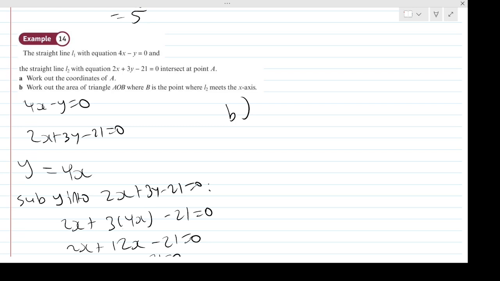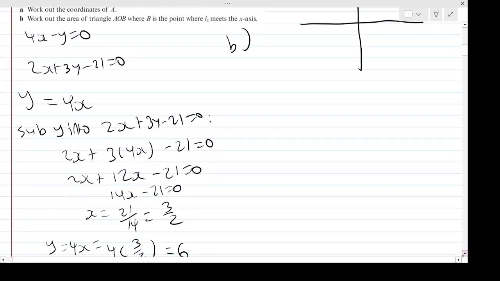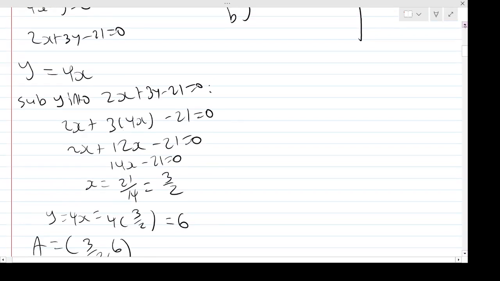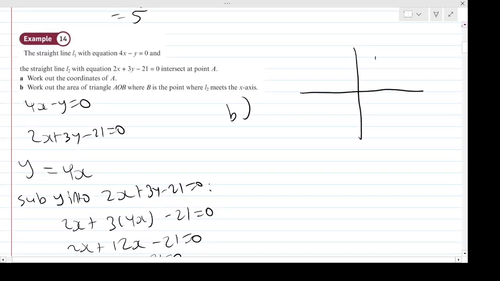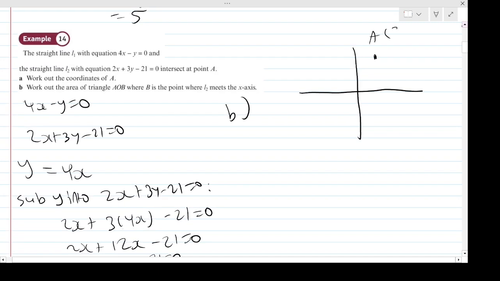Okay, so this AOB. Let's draw an axis here. Straight line L1 and this straight line L2 intersect at A. Well, A, firstly, is 3/2, 6. So that's going to be up here somewhere, right? 3/2 is 1.5, so it'd be up there somewhere.